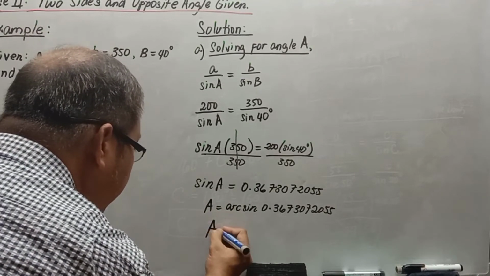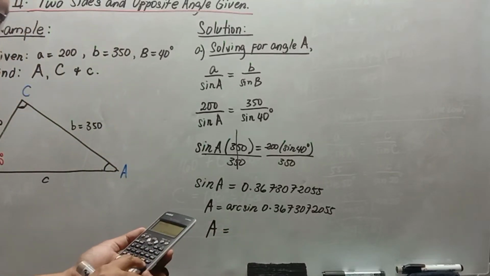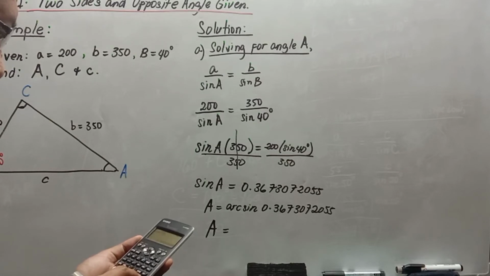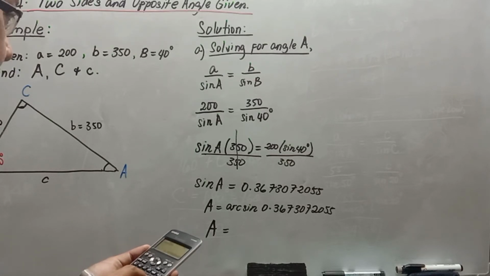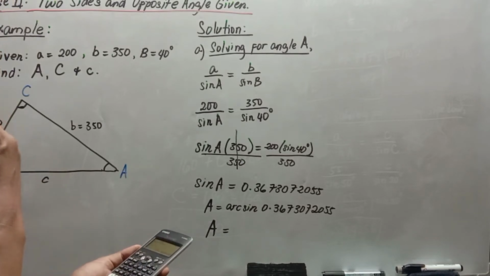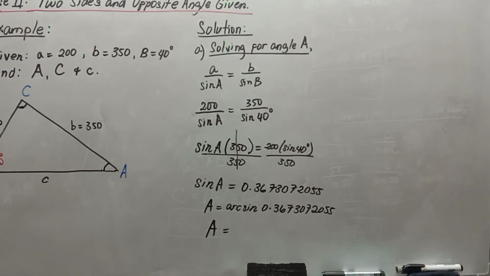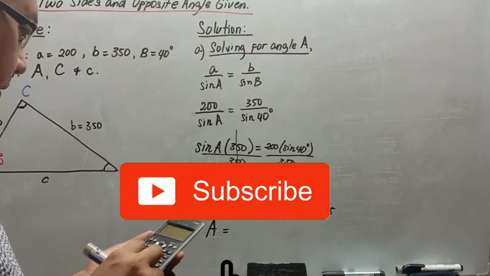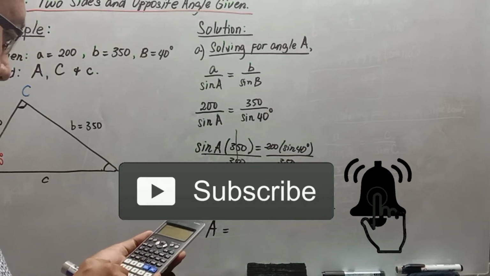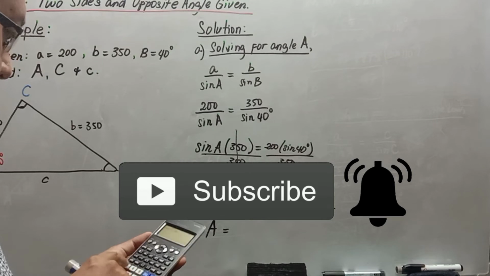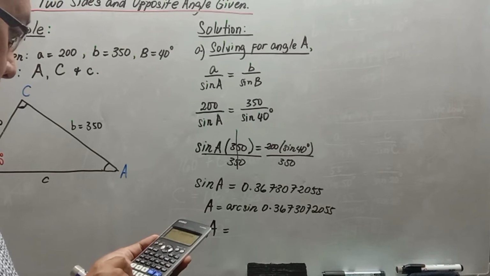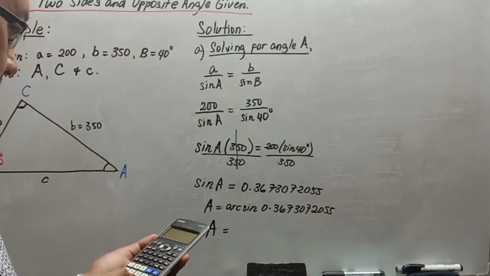So arc sine, or inverse sine, of 0.36730720 55.